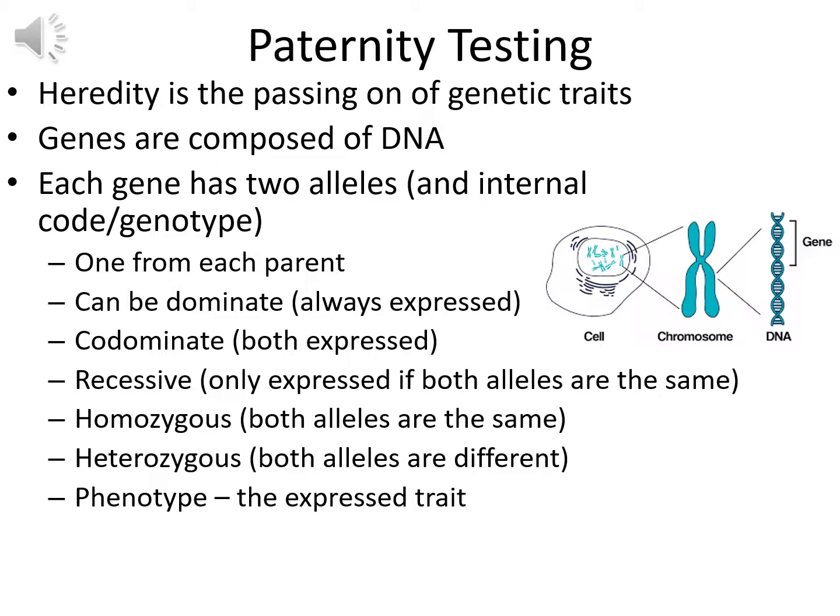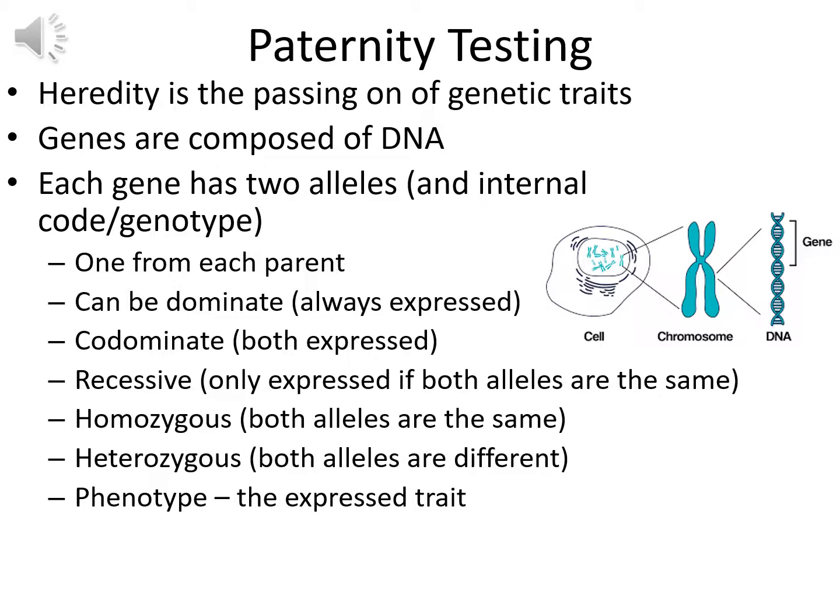You could also have a recessive case, which is type O, where you have neither A nor B, and you only have type O when you have neither A nor B present. So for the homozygous case, type O blood is always going to be homozygous. Type AB blood is always going to be heterozygous, because the only way you get type O is if both mom and dad gave the O allele, which is the recessive trait.